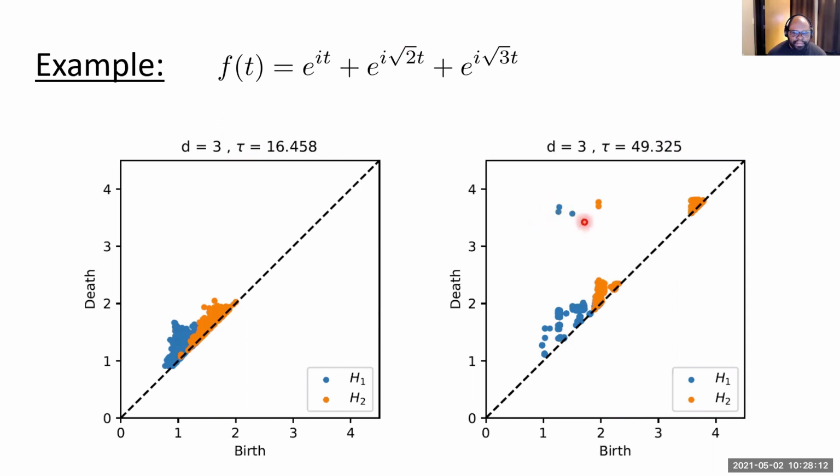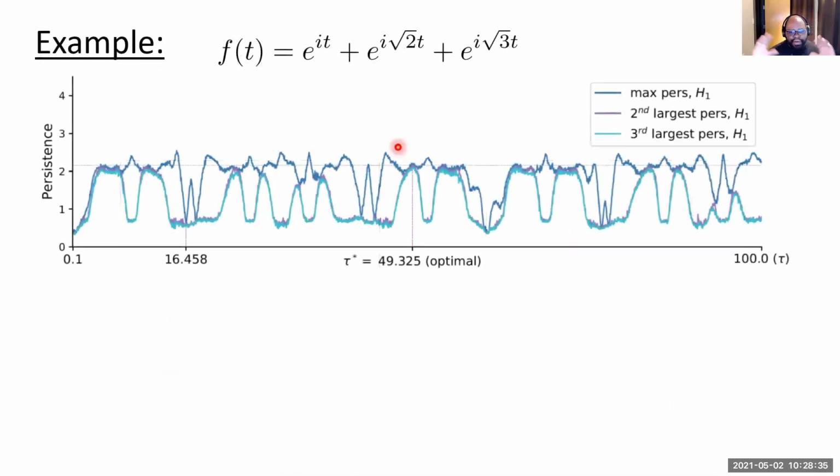So 3 generators in dimension 1, and then 3 generators in dimension 2, maybe one is hidden, but those generators are completely obscured in the picture on the left. So what this says is that the choice of tau really is important. You really need to know how to make it. So here is a wider view of this phenomenon.